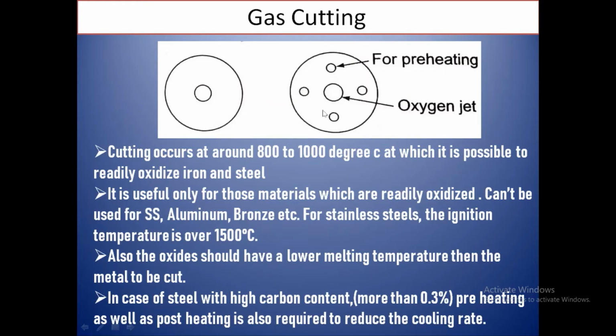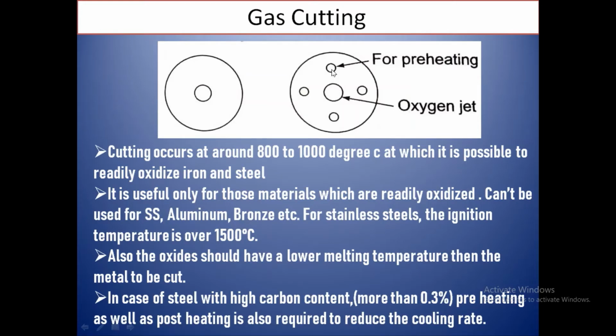These surrounding holes will be for preheating, and from the center hole there will be a high speed oxygen jet, which will fulfill the purpose of cutting the metal. These surrounding holes will be carrying acetylene along with oxygen, and the flames from these holes will be used for preheating the metal.